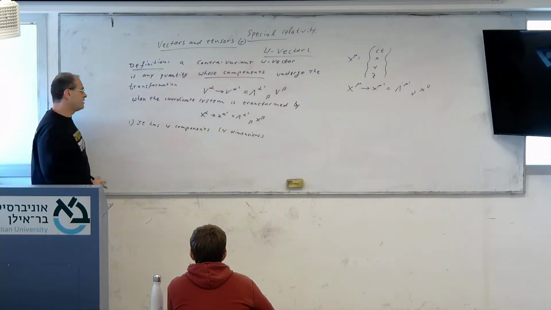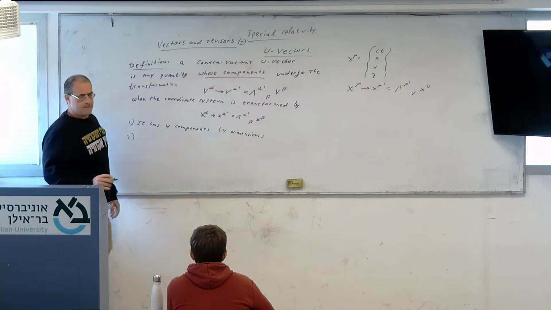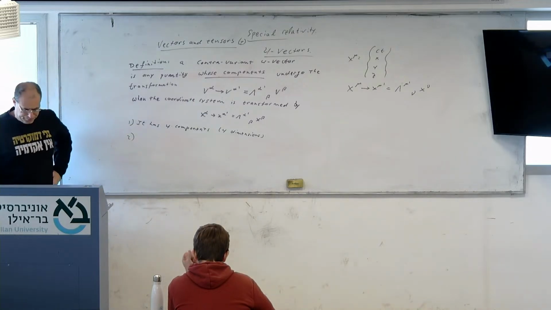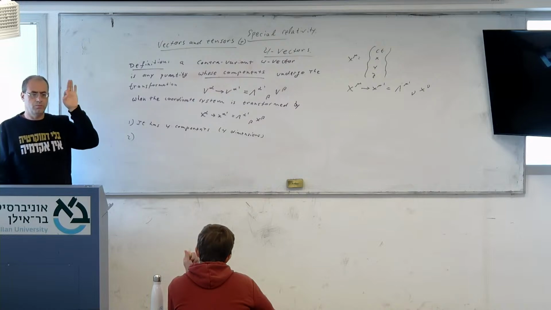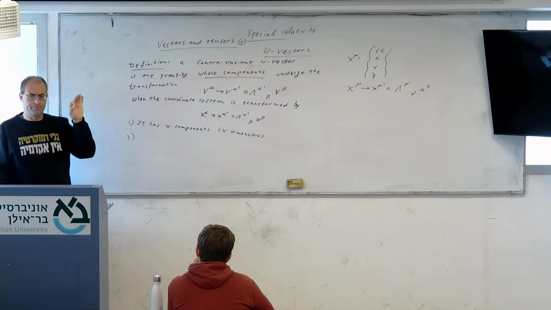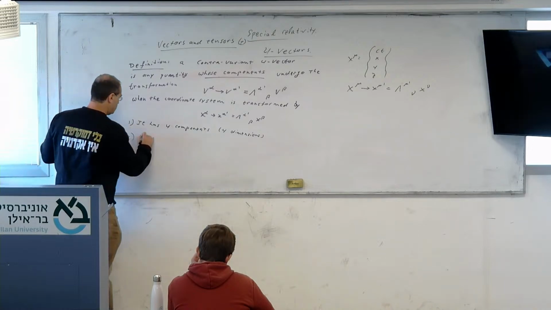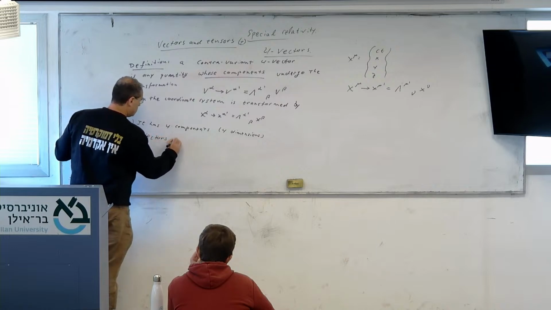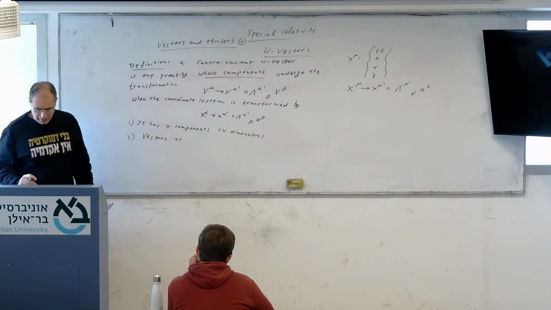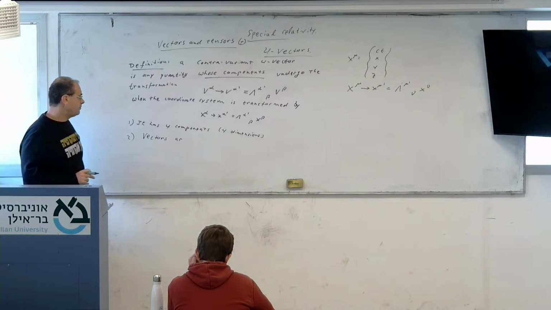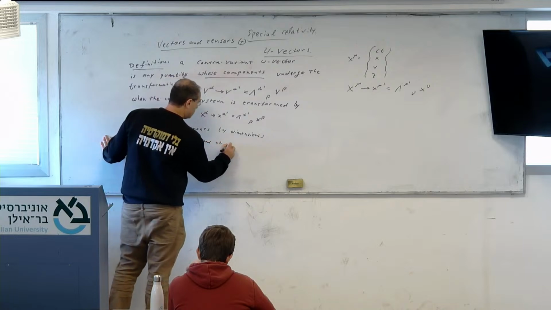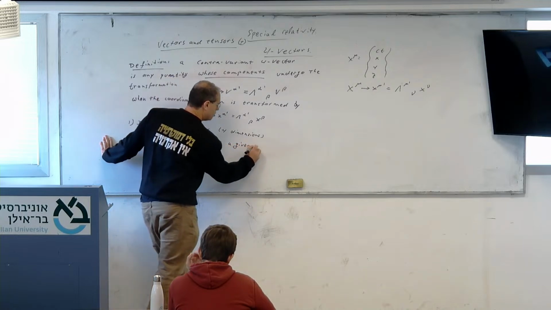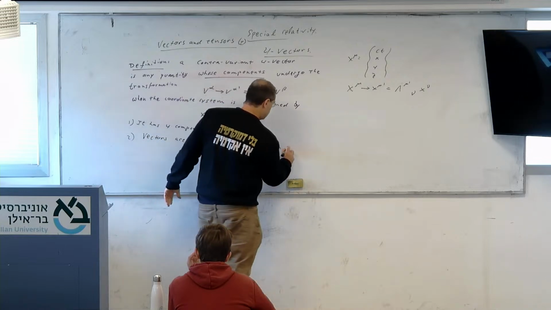Two, there comes a very subtle part. Vectors are attached to a single point in space-time. It's very important. They are located at a given point in space-time.